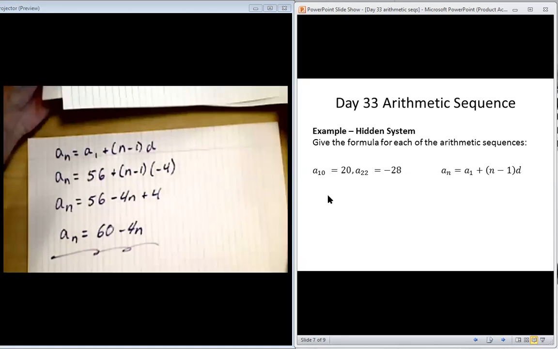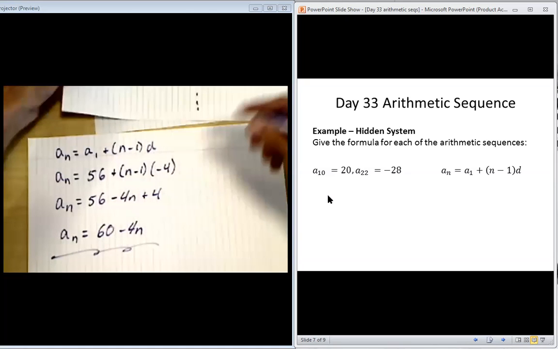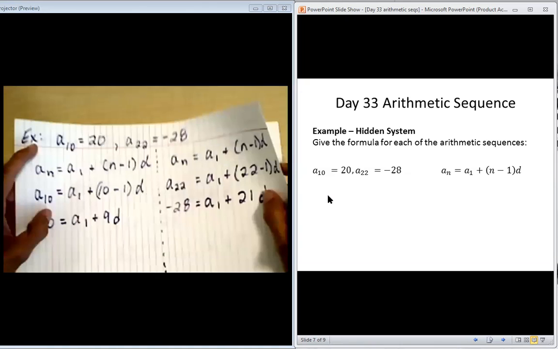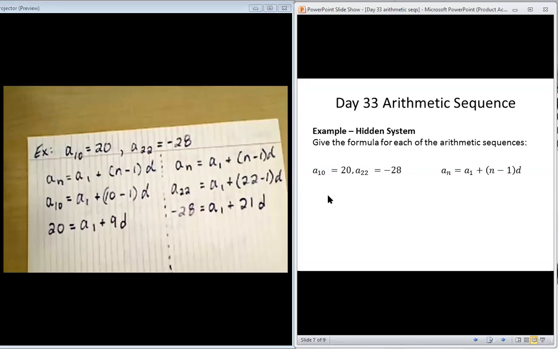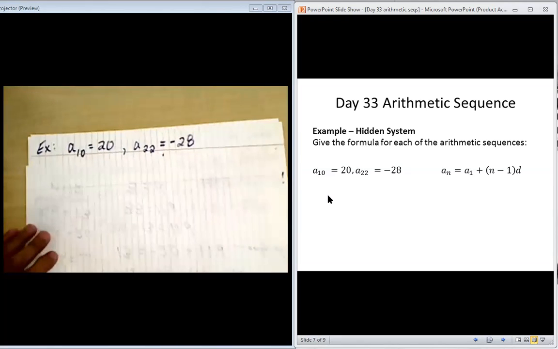Okay, so let's take a quick look back and see just where all this purple writing came from. In the beginning, straight from the question, they give the 10th term, which is still on the screen, I believe. Yeah, 10th term is 20, 22nd term is 28, right?